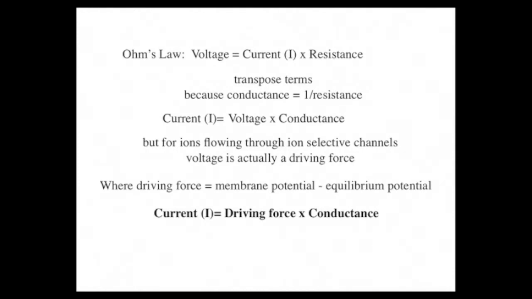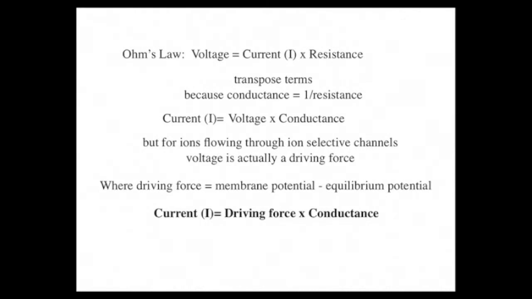If we transpose terms, and because conductance is equal to 1 over resistance, the current flowing through the circuit will equal the voltage times the conductance. And all that's saying is the higher the conductance, the easier it is to flow, and the more voltage you have, the more current you get.